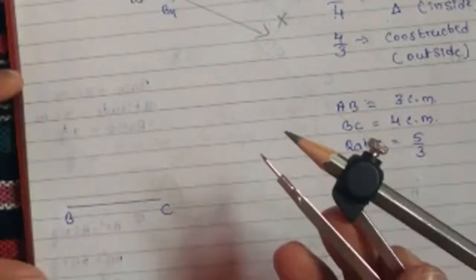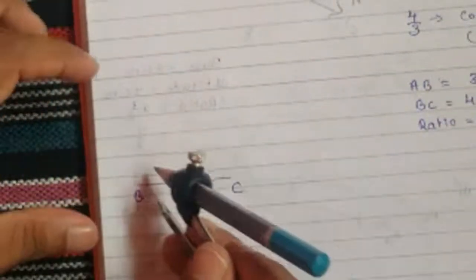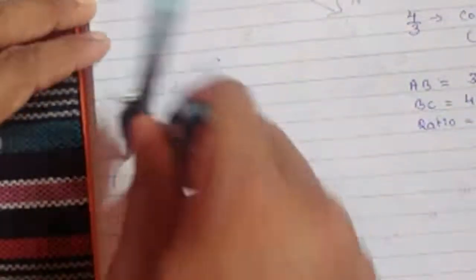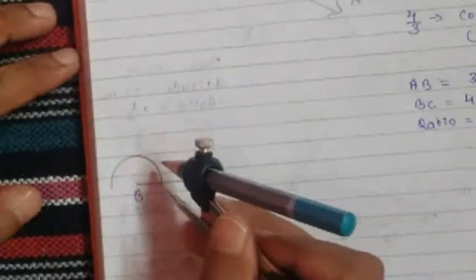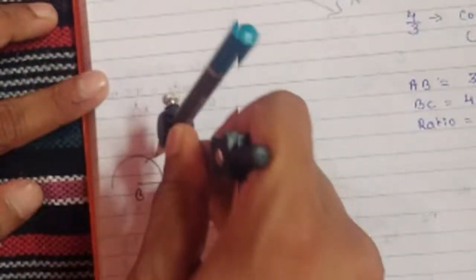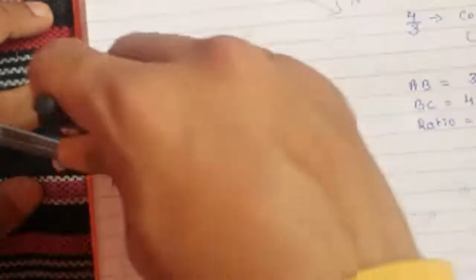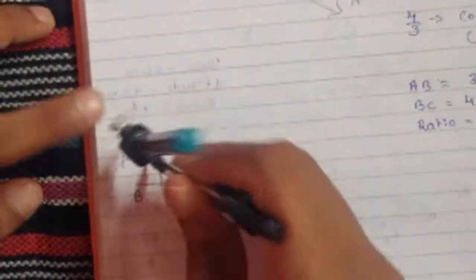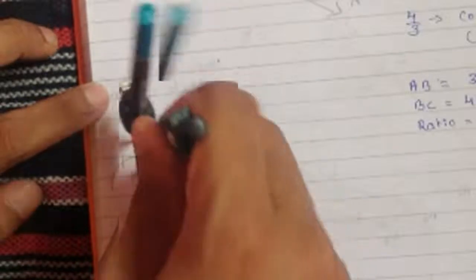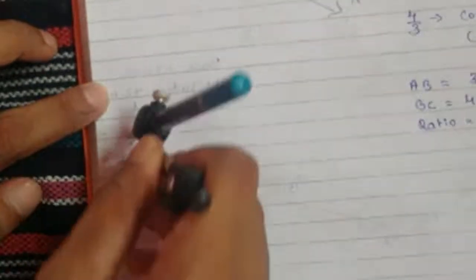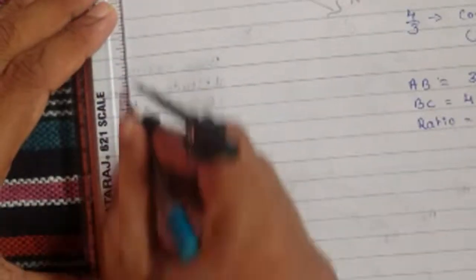I'll consider one small length and draw an arc. Then from this point, the first mark point is 60 degree, the second mark point is 120 degree, then I consider greater than half length, and it gives 90 degree. The lengths apart from the hypotenuse are 4 centimeter and 3 centimeter.